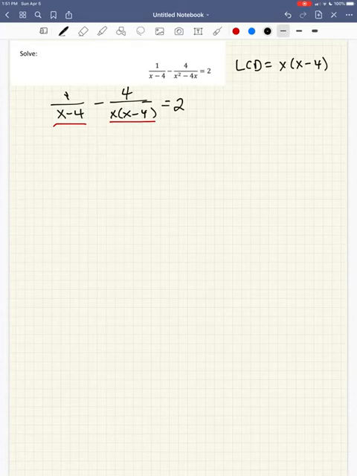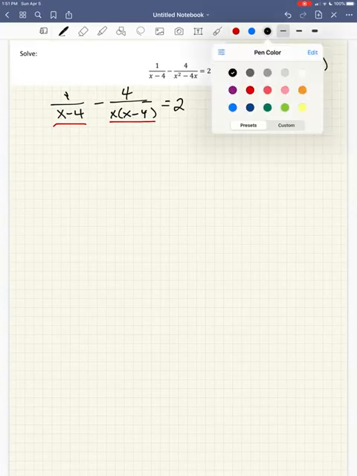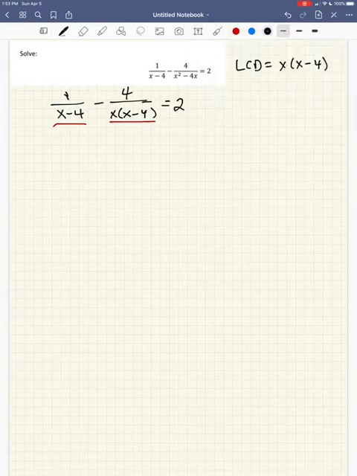Since there's a minus on the left-hand side in between the fractions, that LCD then is going to have to get distributed to both fractions. Since they're fractions, I'm going to write it over 1, just to make it a little easier to see. So what I'm going to get then here, I'm going to take x times x minus 4 over 1, and I'm going to multiply by my first fraction, 1 over x minus 4.